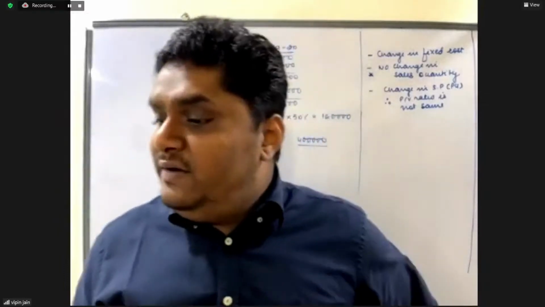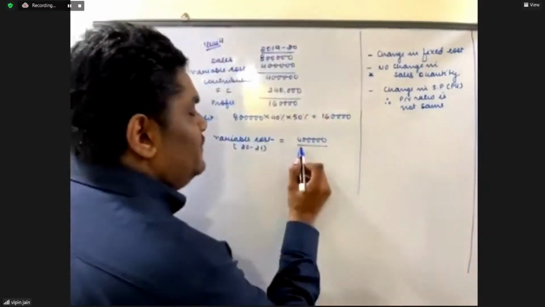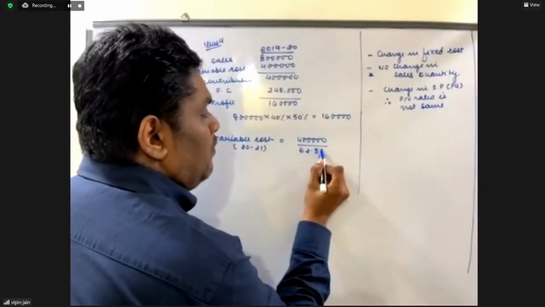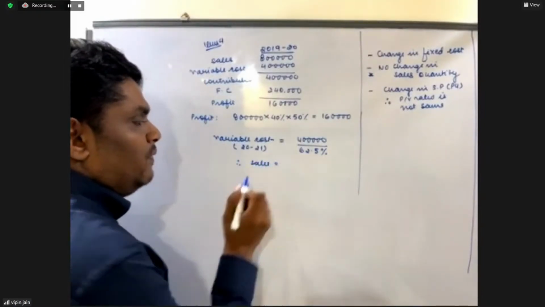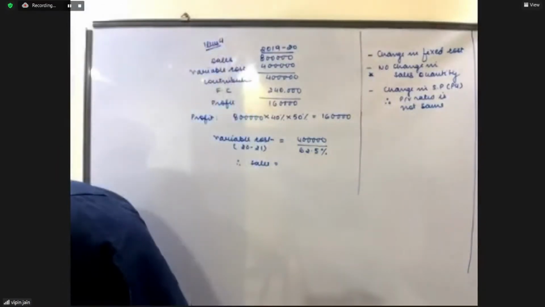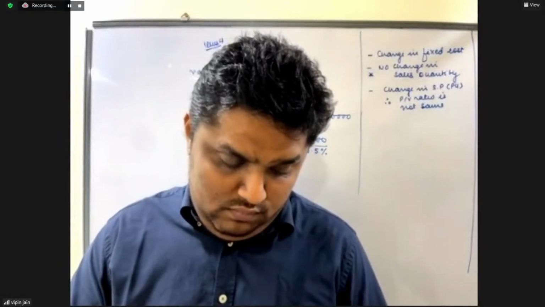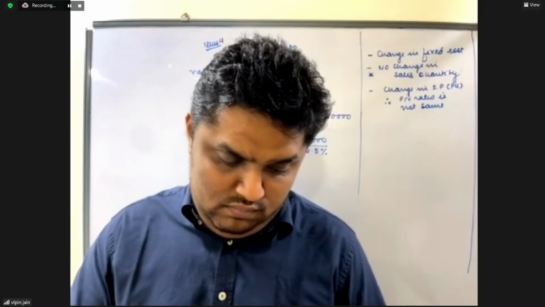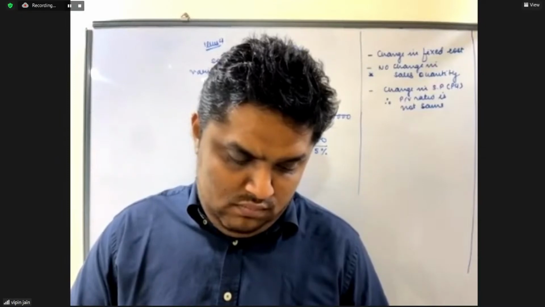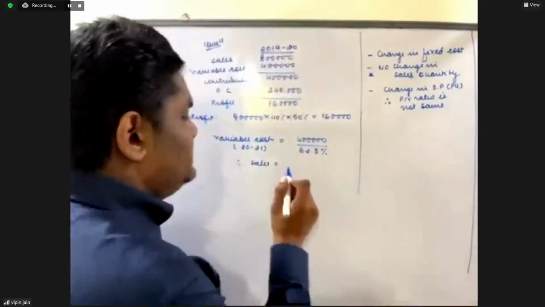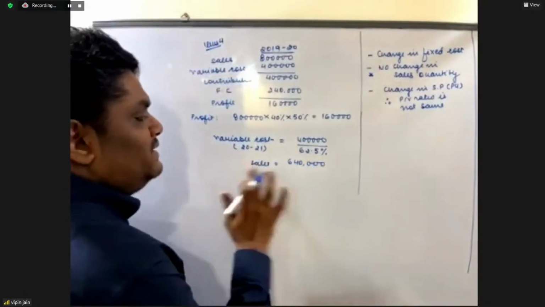Further, PV ratio is given, that is 37.5. So my variable cost will be how much? 62.5%. Therefore, my sales will be how much? 4 lakh divided by 62.5. So this will be 6 lakh 40,000.